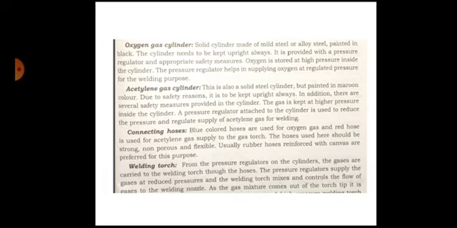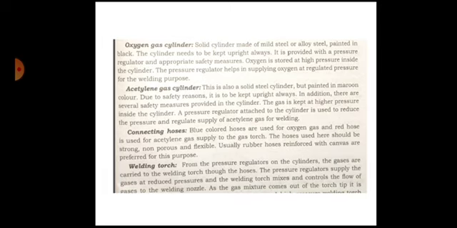It is provided with a pressure regulator and appropriate safety measures also. Oxygen is stored at high pressure inside the cylinder. The pressure regulator helps in supplying oxygen at regulated pressure, that is, at the required pressure for our welding purpose.